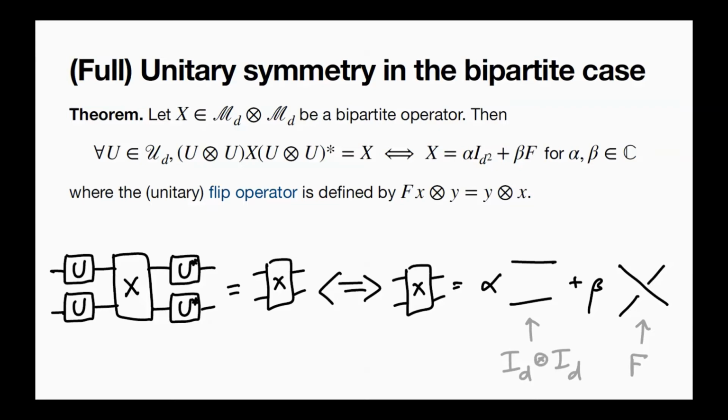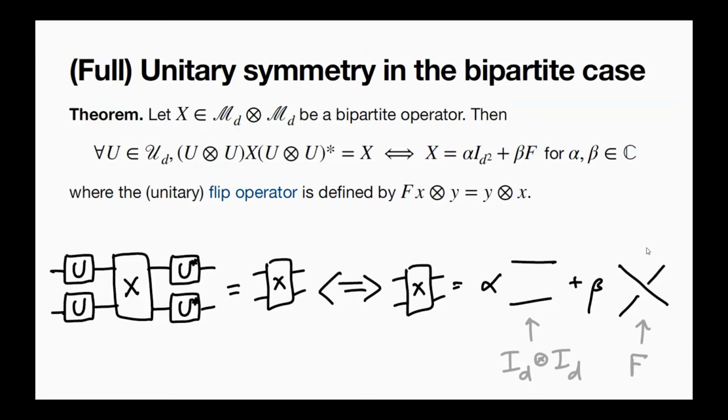It turns out that if I impose these conditions, the set of solutions is a vector space of dimension 2, spanned by the identity matrix and this other bipartite matrix called the flip or the swap operator, which does what its name suggests. If you give it a tensor product, it just changes the order of the factors.